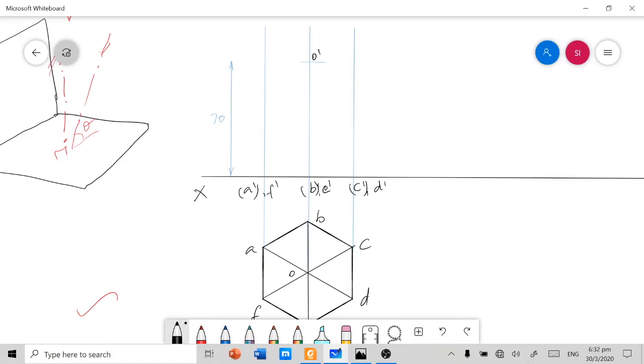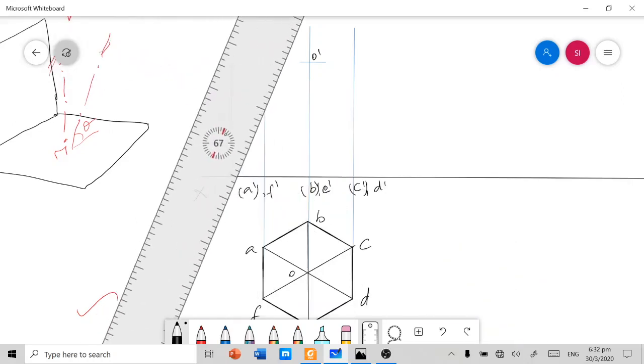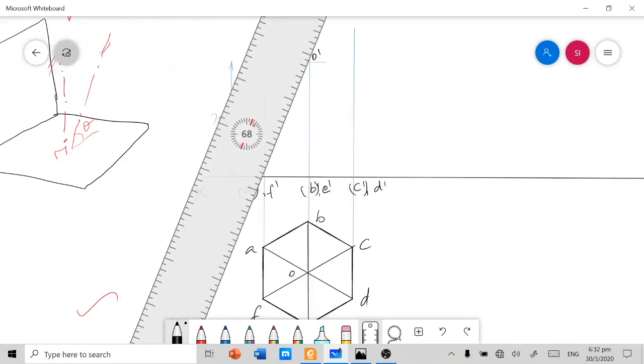And now connect the base corners and the apex point in order to fix the slant edges of the solid in the lateral view.